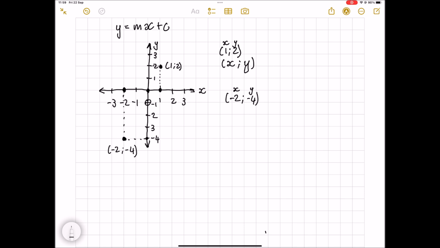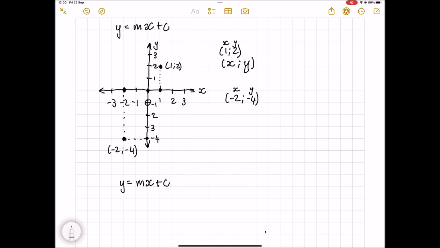Okay. So next up, after you are familiar with the two axes and how the coordinate notation works, we can move on to y equals mx plus c, which is also known as the standard form for any straight line graph.